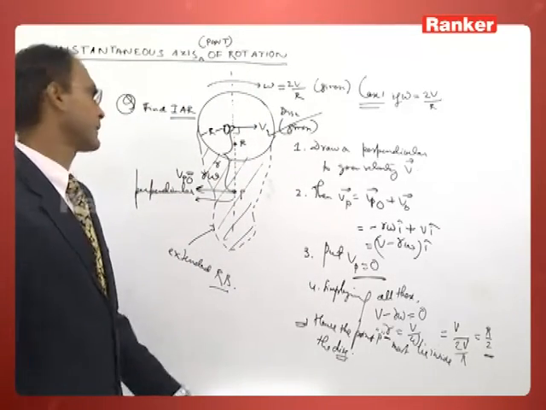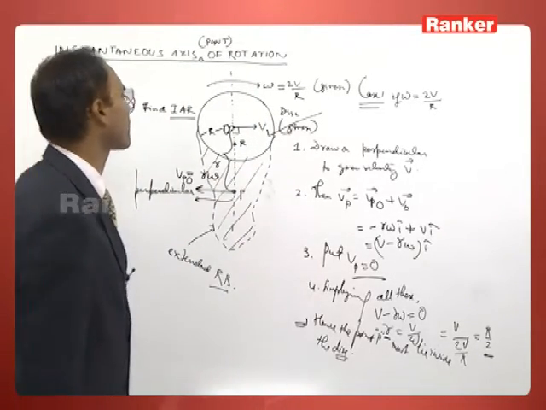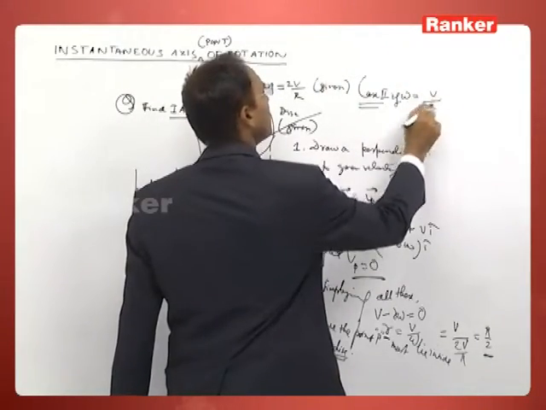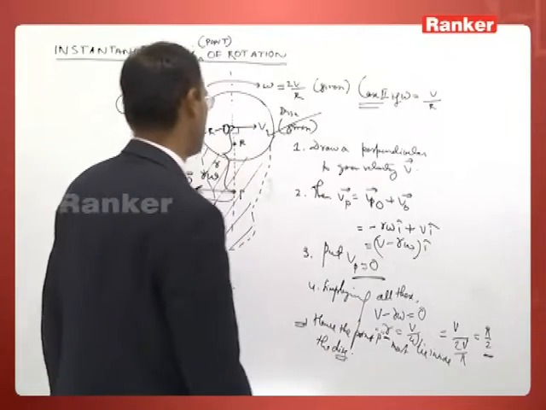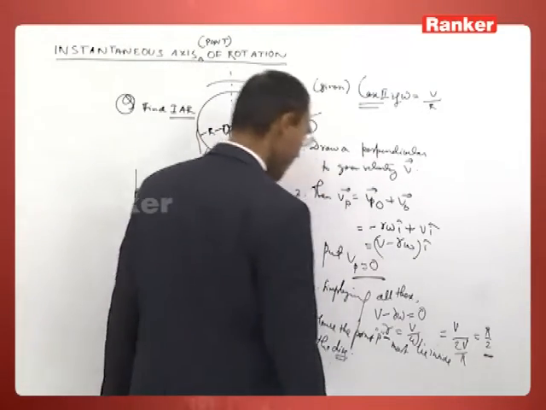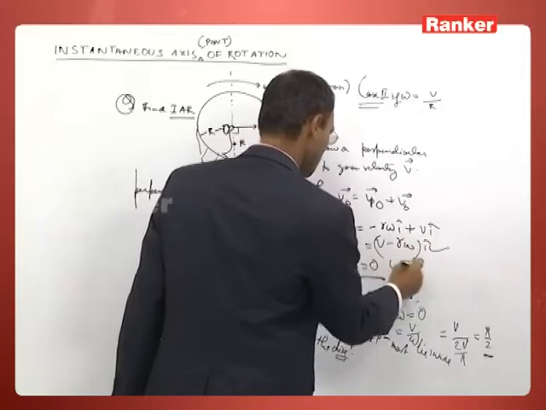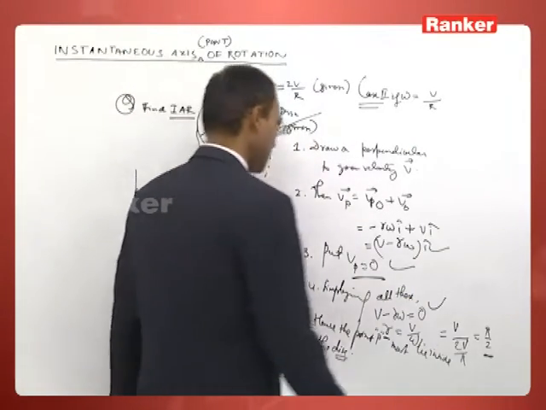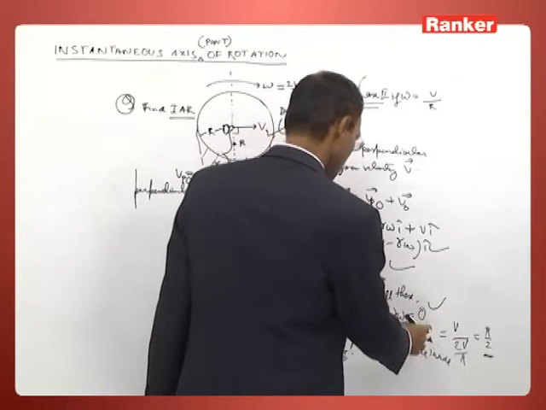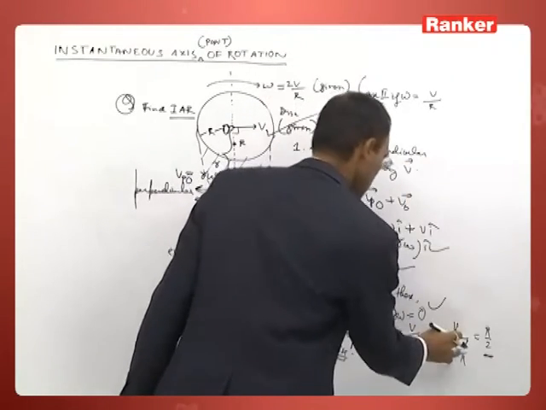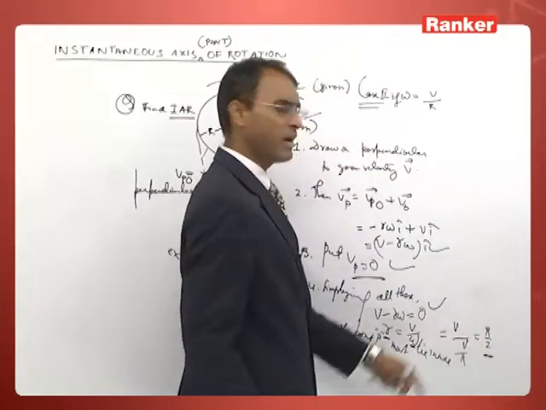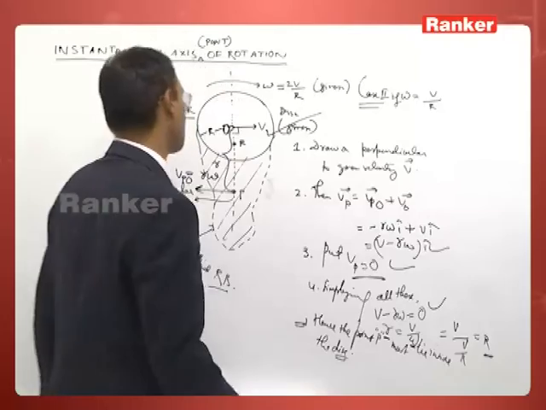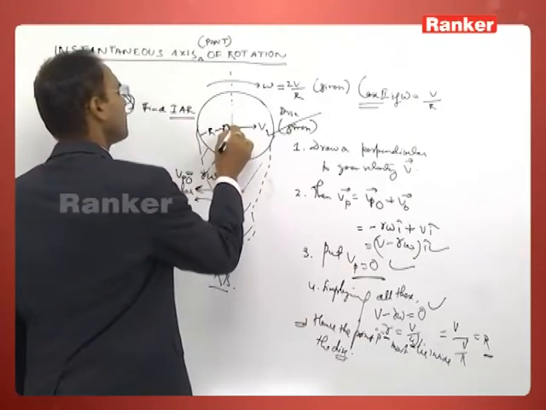Let us take another case. In case 2, let us assume that omega is equal to V by r. Up to this, every step can be considered correct. But here omega can be substituted by not 2V by r, but V by r, and ultimately we are getting small r is equal to capital R. You are calculating small r from the given point.